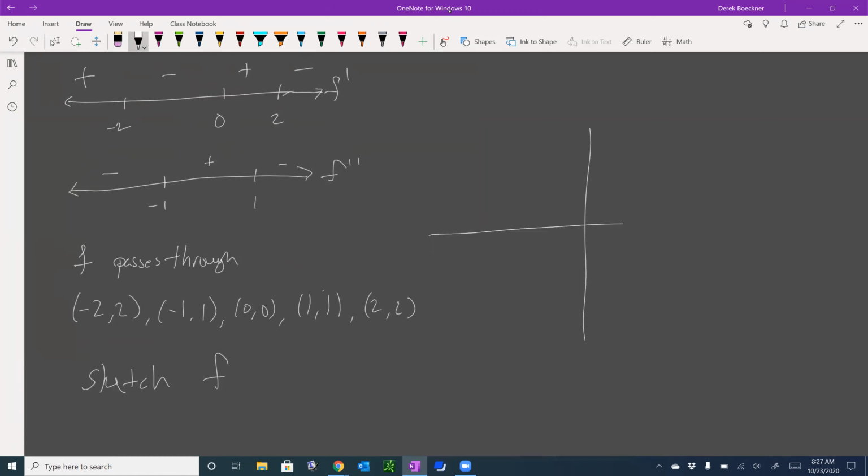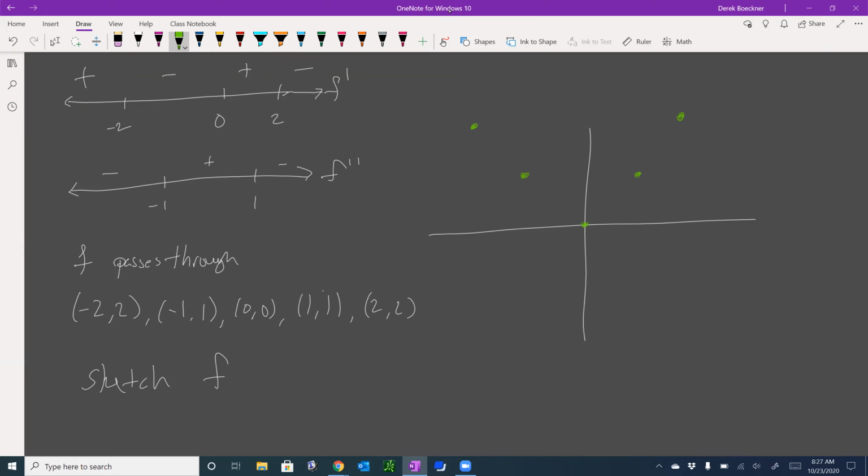So let's do that over here. The graph has to go through negative 2, 2, negative 1, 1, 0, 0, 1, 1, and 2, 2. So I have to have those points on my graph.